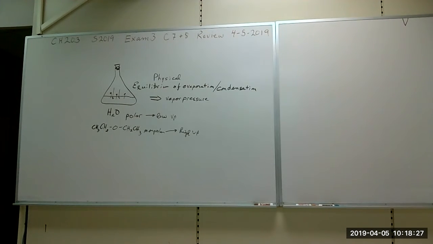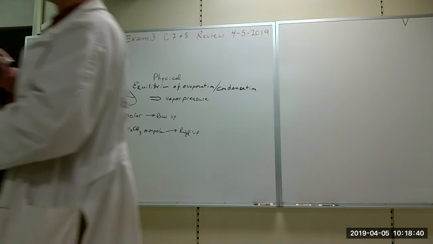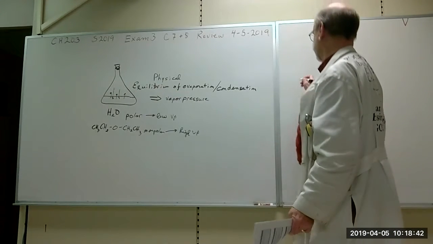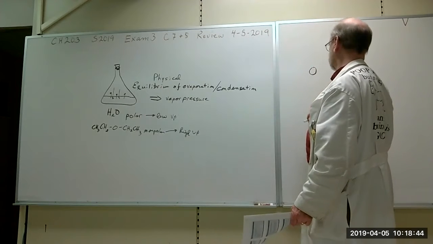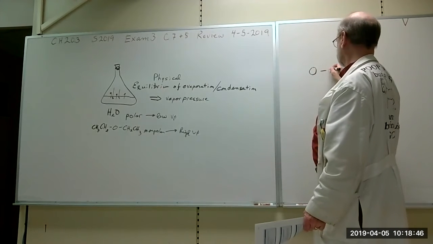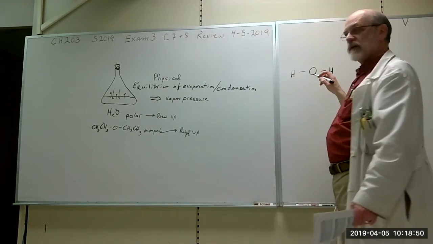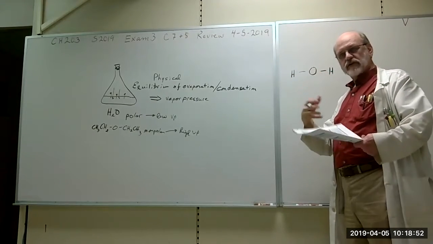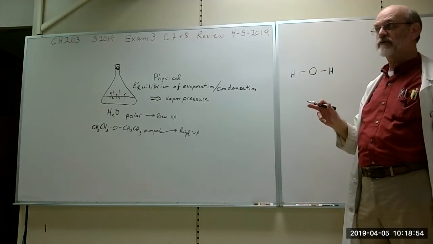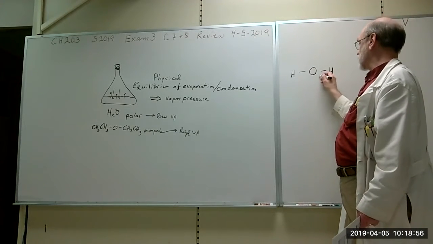But if they're a little closer, say hydrogen and oxygen, like in water, the pull, the attraction of electrons is higher for oxygen than it is for hydrogen.